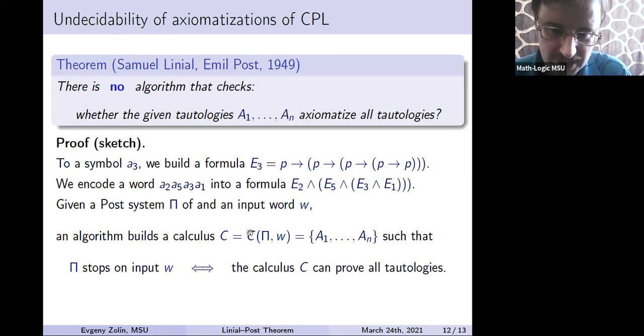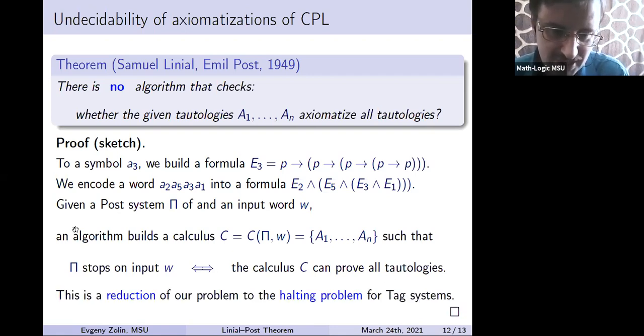So if we obtained some word of length less than L, then we obtain B1, ..., B11, so our axioms of the usual classical propositional calculus, and of course, then all tautologies. If we cannot obtain a word of less than L, then we never derive B1, ..., B11, and therefore we do not prove all tautologies. So this is just a basic idea.